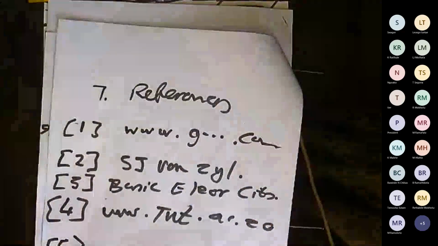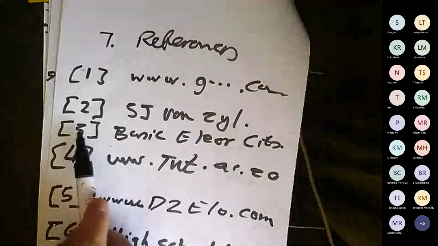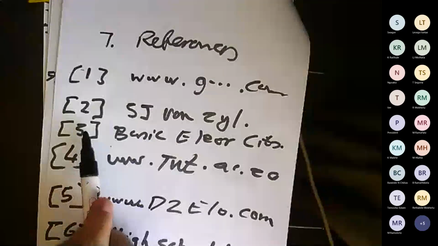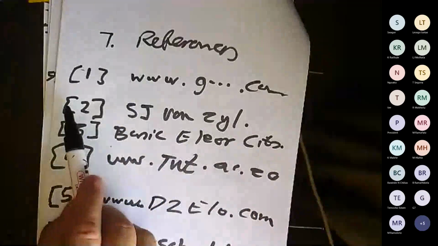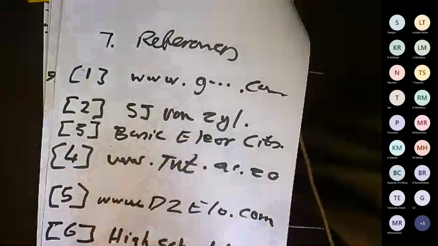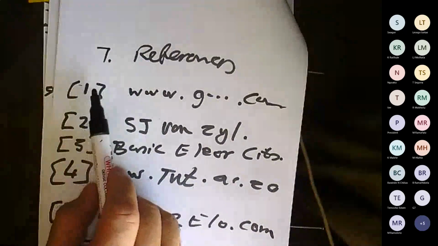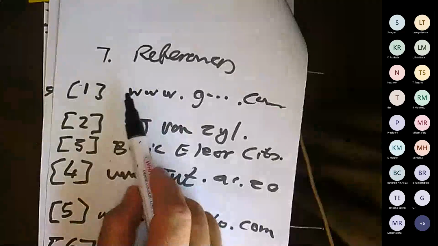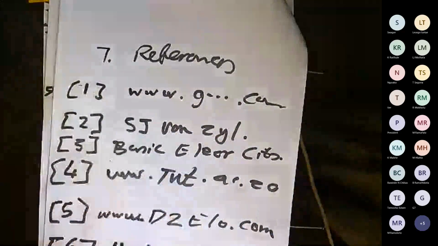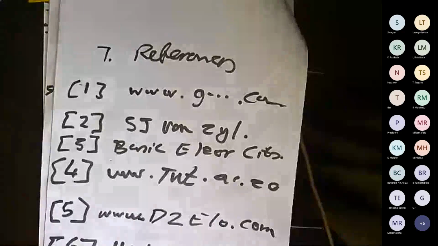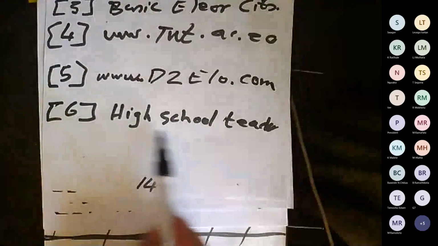So your last page is the references. And like I said, that formula was formula 3 with reference 3. It's square brackets 3 and it's Basic Electrical Circuits. Reference 2, that formula came from S.J. van Zyl, this book. And formula 1, maybe from your teacher from high school, you had a formula there. You give the teacher's name there. And that reference comes from there. Also, for instance, 6 is your high school teacher.